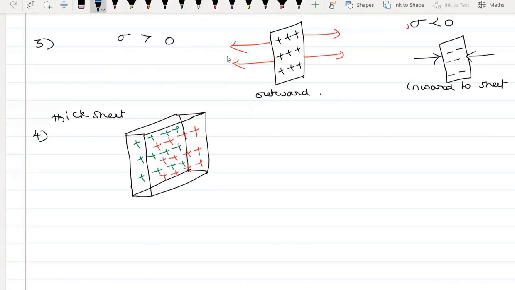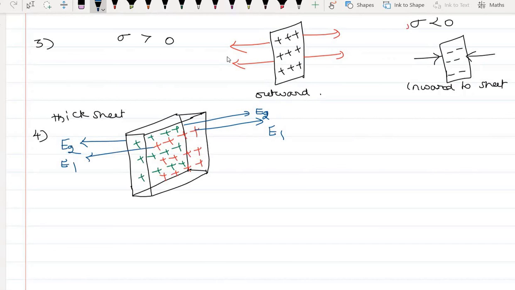So what is the net electric field at any point due to this? If this is the E1, what is the direction of E2? E2 will also be in this way. Yes or no? Is it clear? And similarly, here also, if you take this as E2, then E1 due to this red color also will be this way.